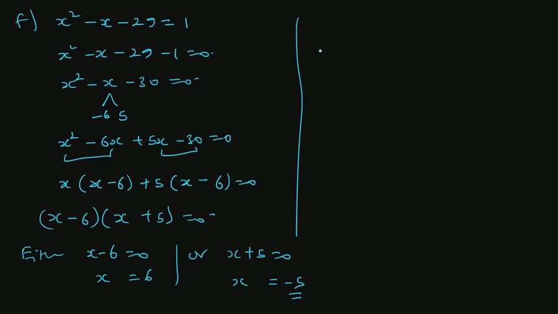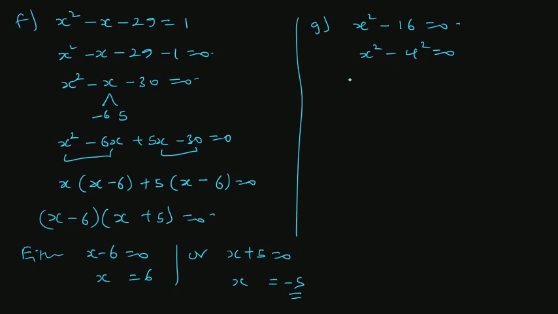Let's look at more examples. D. If you have x squared minus 16 equals 0. A bit tricky, but very easy. You can clearly see that I can write this as 4 squared. So this is a difference of two squares, if you remember.